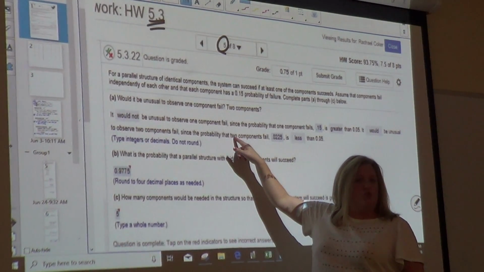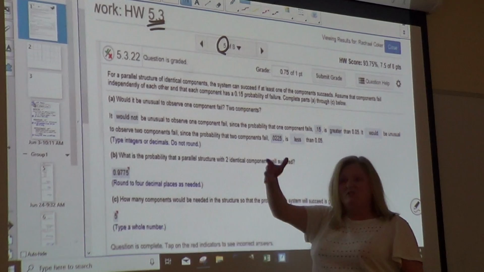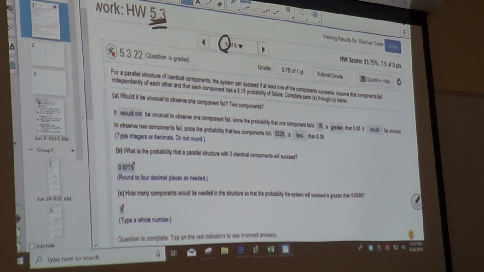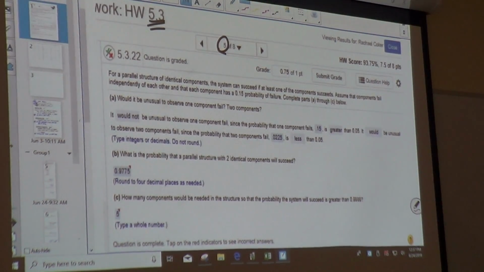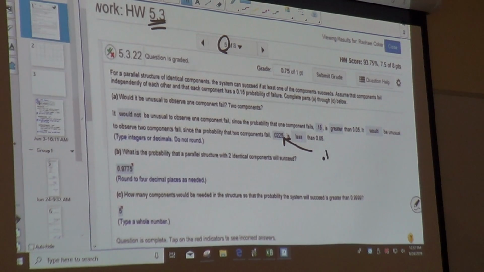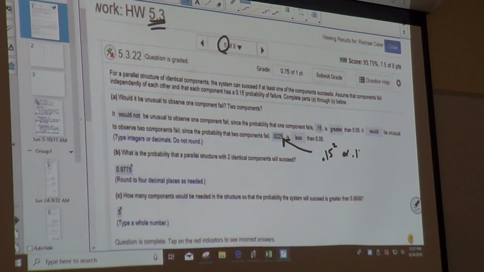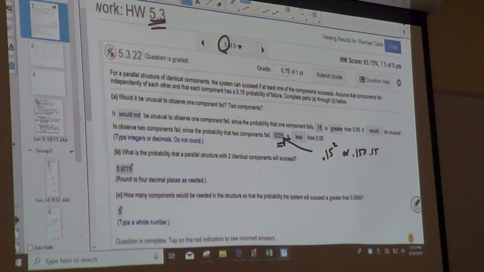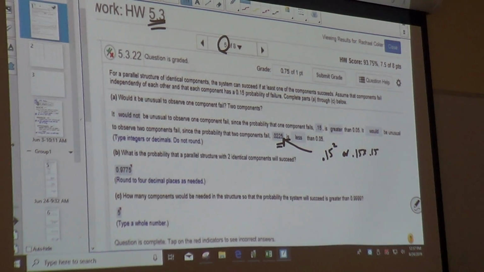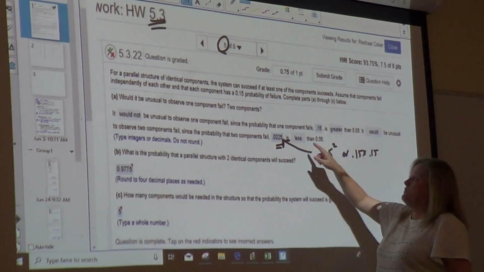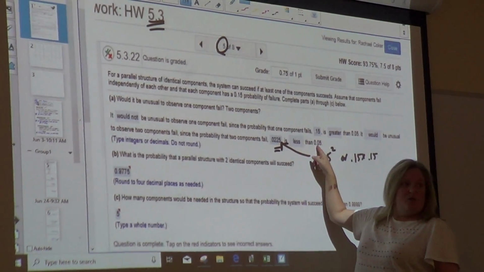So how do we do two components? We square it, 0.15 times 0.15. So the way that we got this is we did 0.15 squared, or 0.15 times 0.15, that gave us that answer. And we said that would be unusual because that answer is smaller than 0.05.